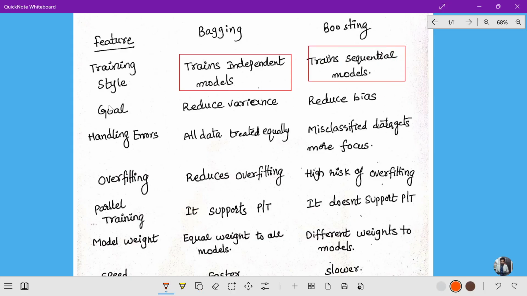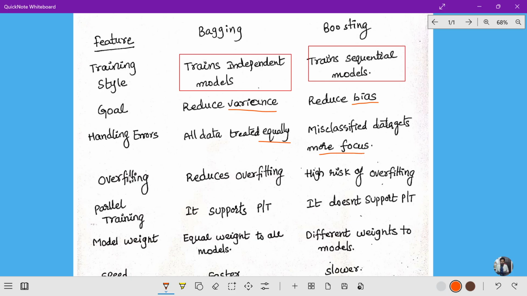The second one: the goal of bagging is to reduce variance, the goal of boosting is to reduce bias. Handling error: in bagging, all data is treated equally. In boosting, misclassified data gets more focus.